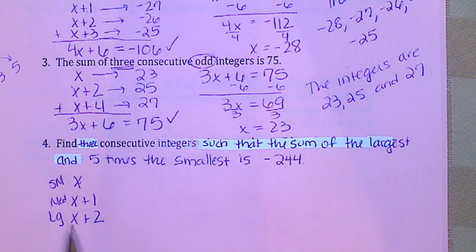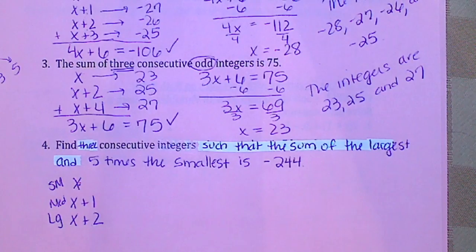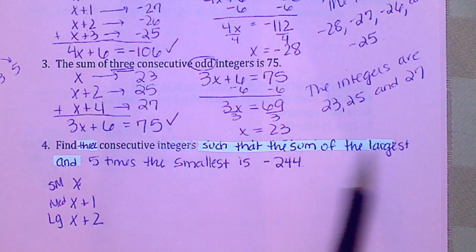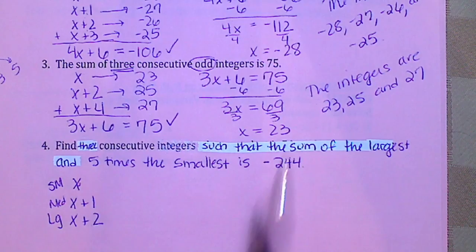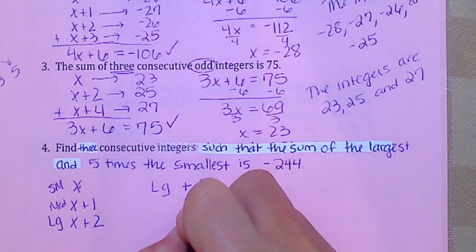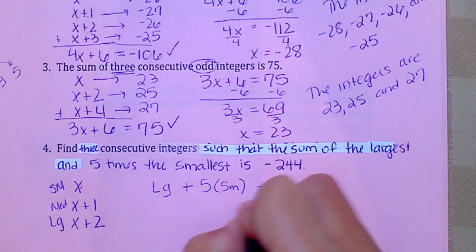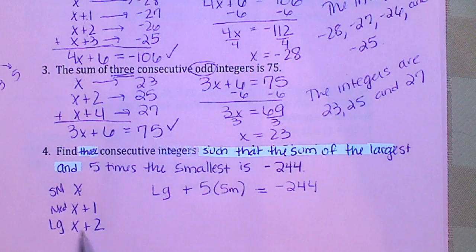Now this one's not a straight up sum, so we're not going to just add down and set it equal to negative 244. It says the sum of the largest and 5 times the smallest. So it's saying if we take the largest and we add it to 5 times the smallest, that is negative 244. So I'm translating this into an equation.